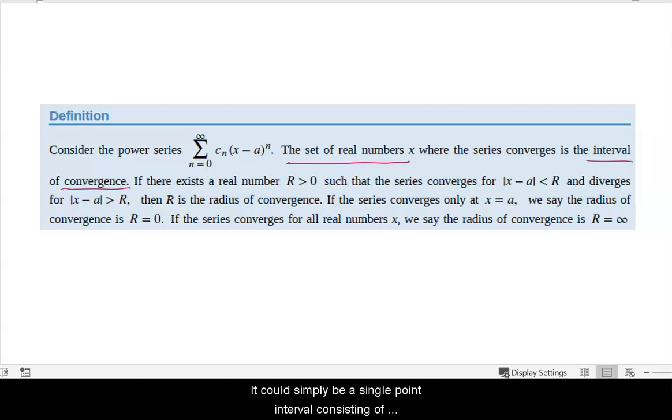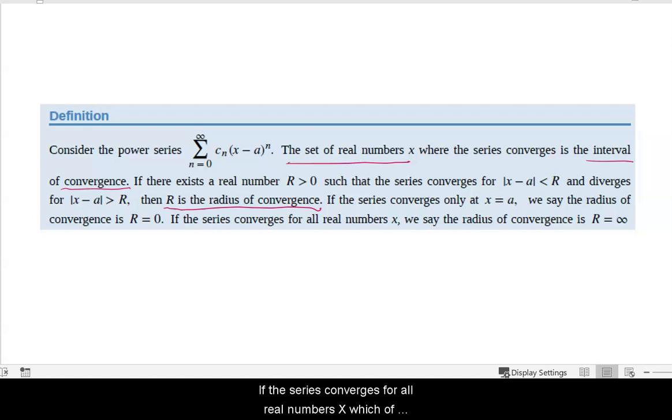It could simply be a single point interval consisting of only the center. If the interval is not just the center, then we know that r will be greater than 0. r is called the radius of convergence. This is basically the definition for the interval and radius of convergence.